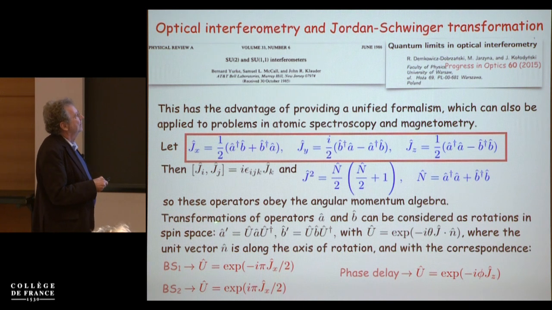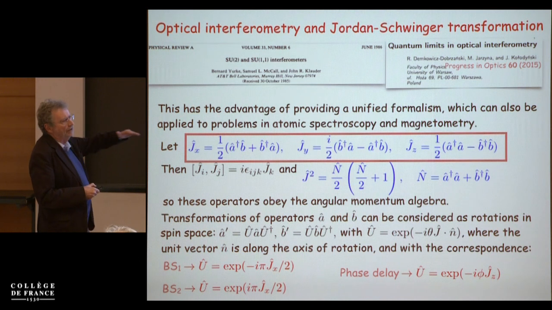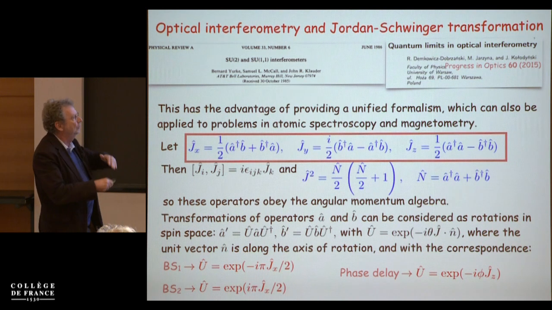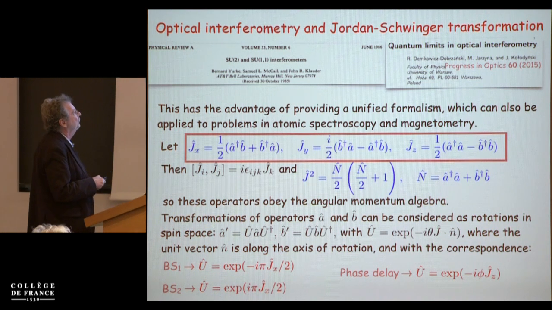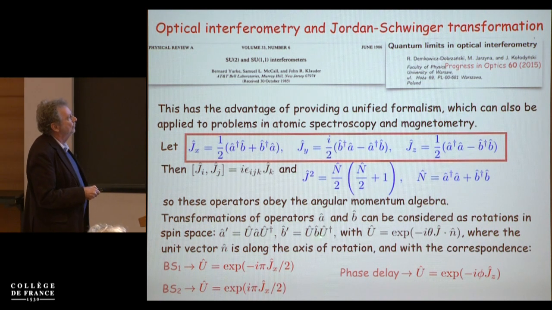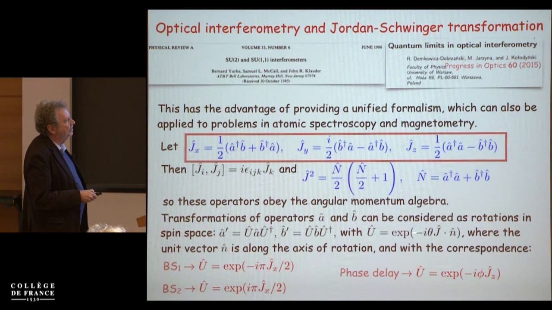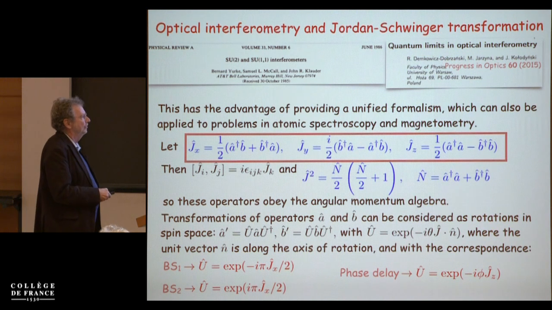And we can show that the transformations of operators A and B along the device, as the field goes to the beam splitter, the two arms, and then the second beam splitter, can be considered as rotations in spin space or in angular momentum space, with transformations like this, where this operator is a typical rotation operator associated with this angular momentum operator J, and n is a direction which points along the axis of rotation.